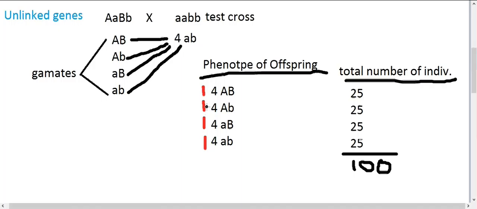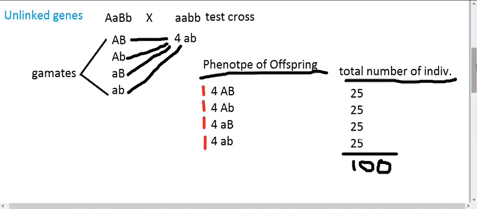This one could be 0.8, 0.9, whatever, but they're going to be very close. So there's not going to be much of a statistically significant difference between what you're expecting and what Mendel's hypothesis tells you based on these ratios.